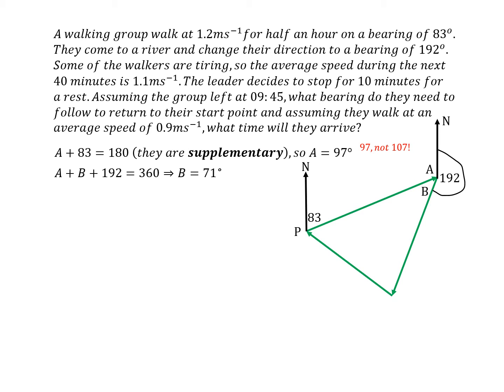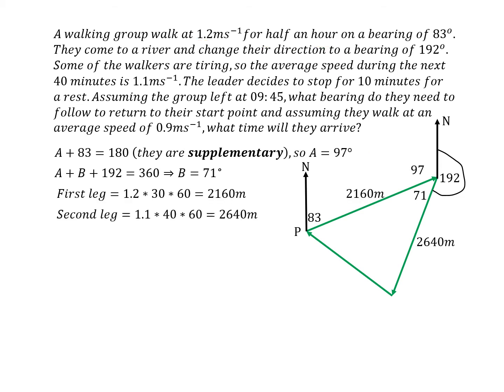Now what I want to do is to find the lengths of the sides of the triangle. So first, the leg is travelled at 1.2 meters per second and for half an hour. So we can work out how many meters that is by using our equation for distance equals speed times time.